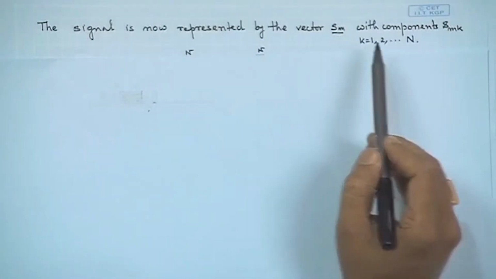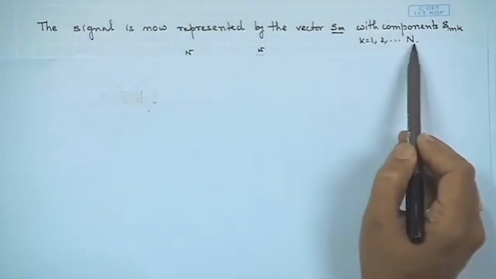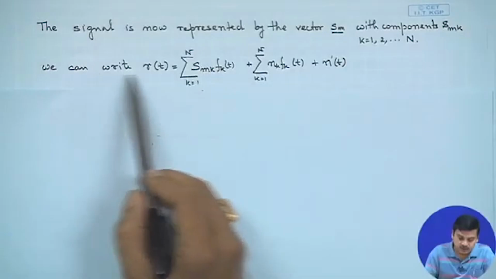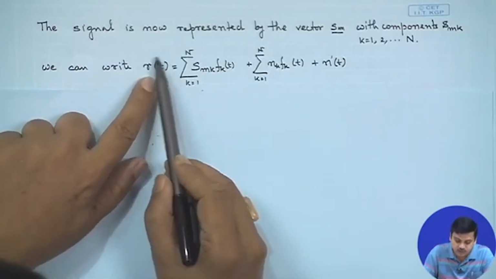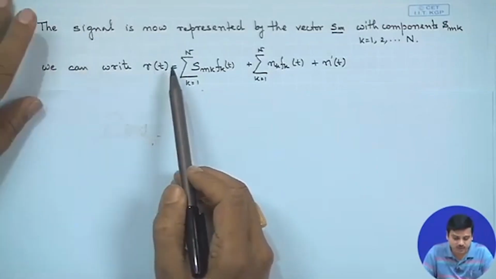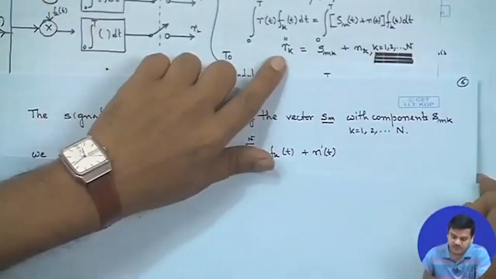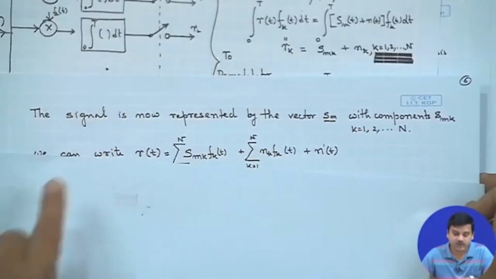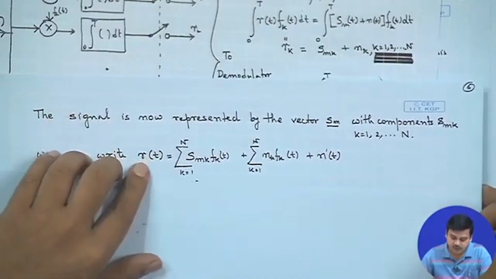So, as of now we will continue with this particular notation, with components S m k, reminding again n dimensions. Therefore, we could write r of t, the received signal, is equal to, so this is the received signal, do not get confused with what we had discussed here. Here we had discussed the kth component, but now I am talking about the full signal. How would you generate the full signal?